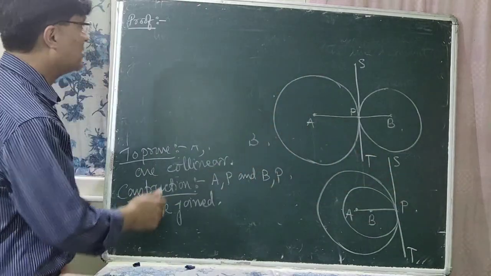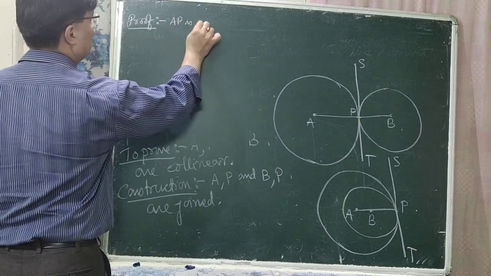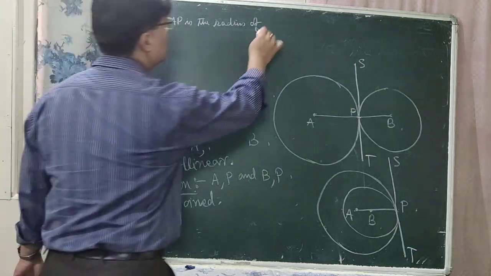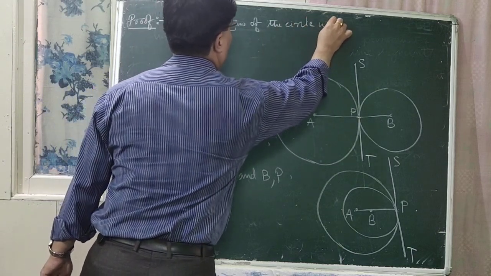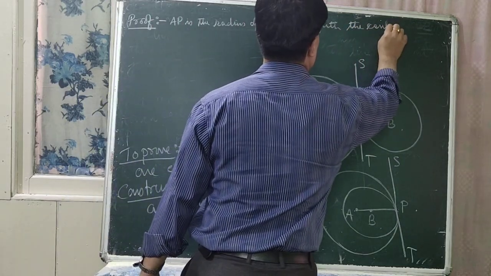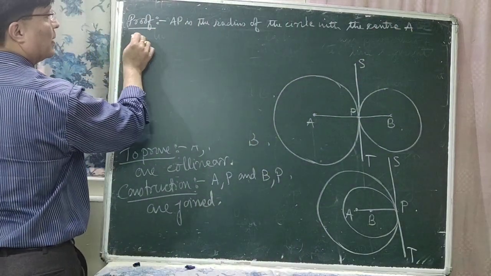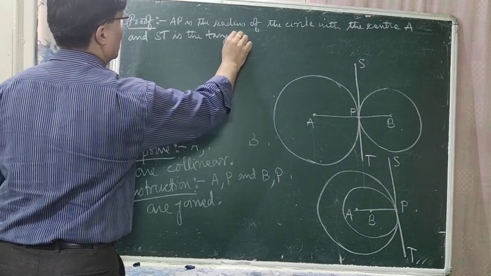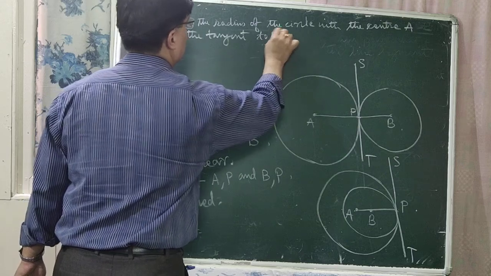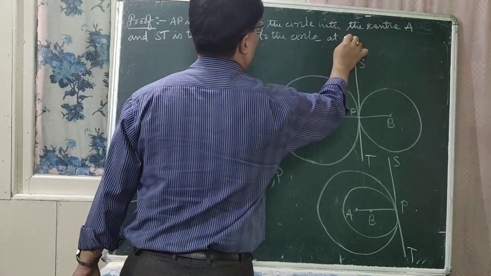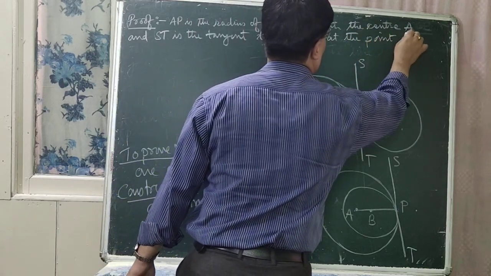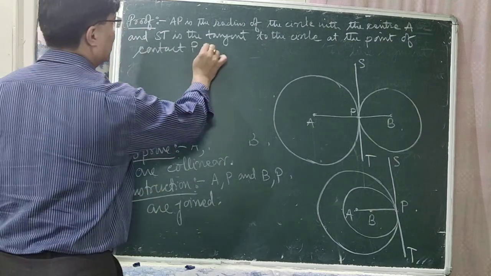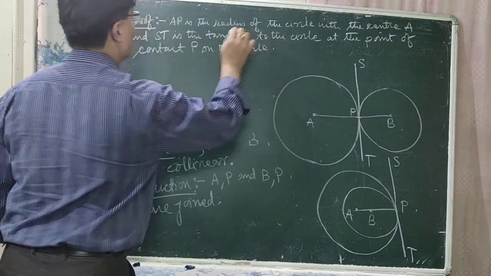Similarly here also you can say, right? So the proof is: AP is the radius of the circle with the center A, and ST is the tangent to the circle at the point of contact P on the circle.